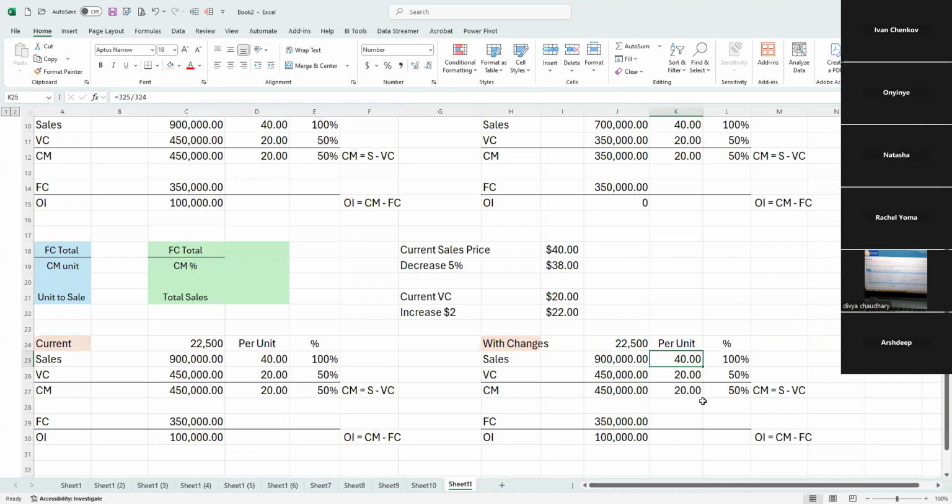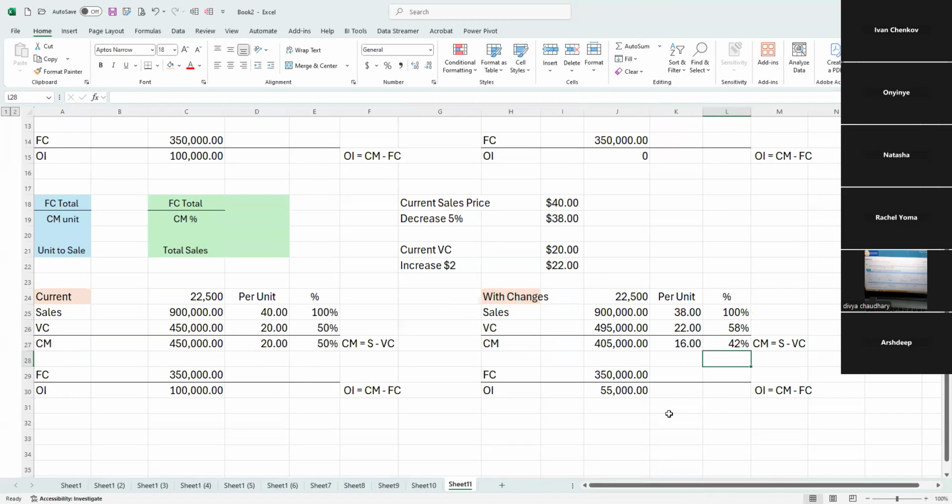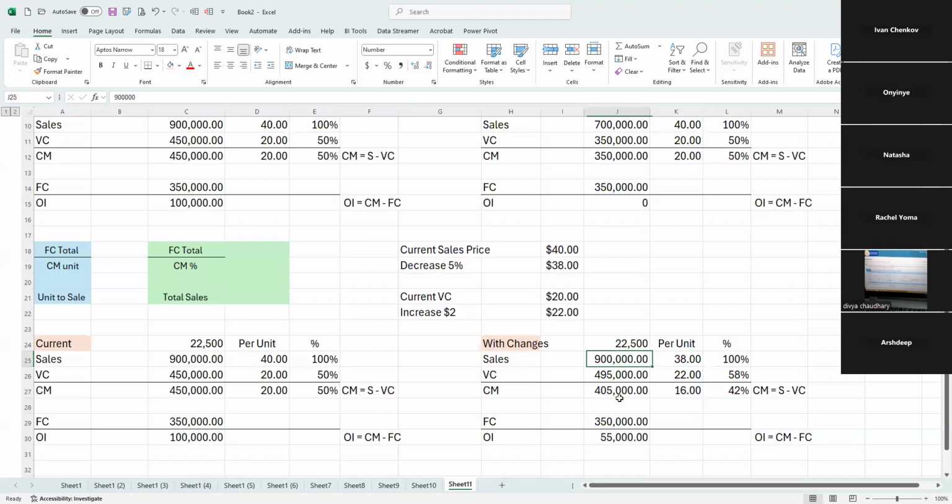How much will be my new sales price per unit? 38. How much will be my variable cost per unit? 22. How much is my contribution margin? 16. Ratios. Okay. Now, where is my income?